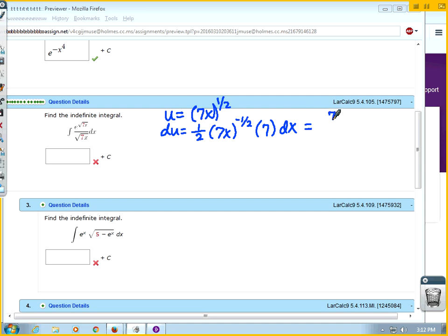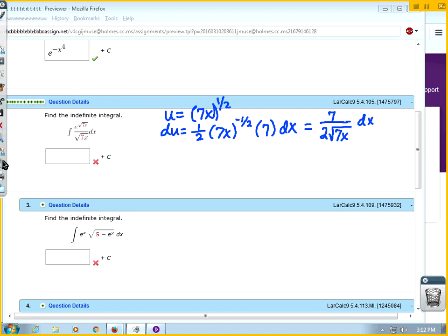So let's clean that up a little bit and make it 7 over 2 times the square root of 7x. All I did was change my rational exponent back into a radical, dropped it to the bottom to make it positive. So we have 7 over 2 square root of 7x dx.